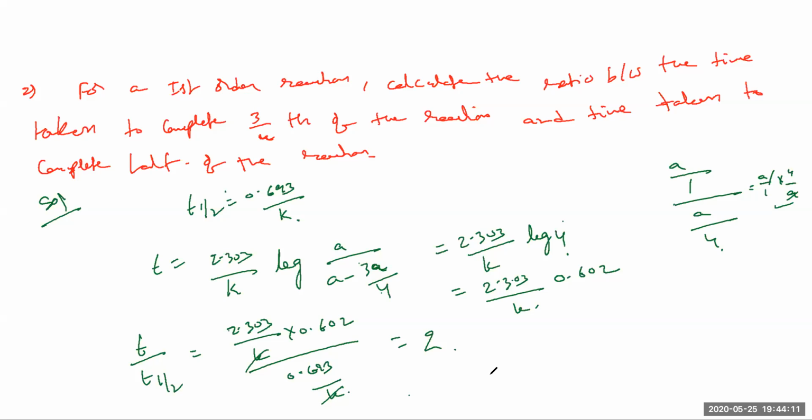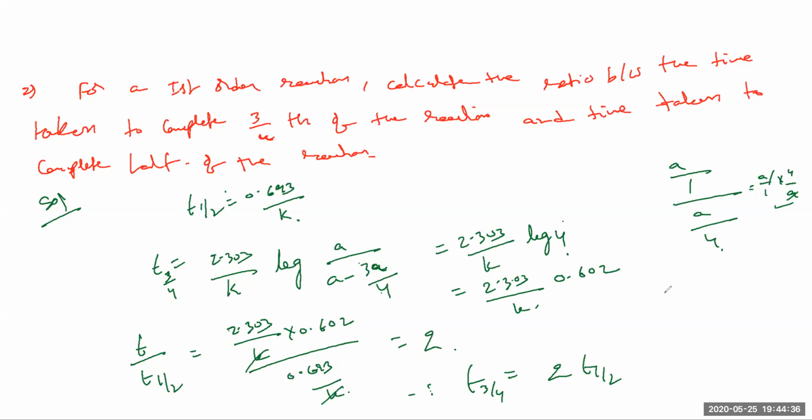Therefore, T by T half is equal to 2:1, or the time taken is 2 times T half. This is not completion, this is 3/4, no? Time for 3/4 means 75%. It is 2 T half.